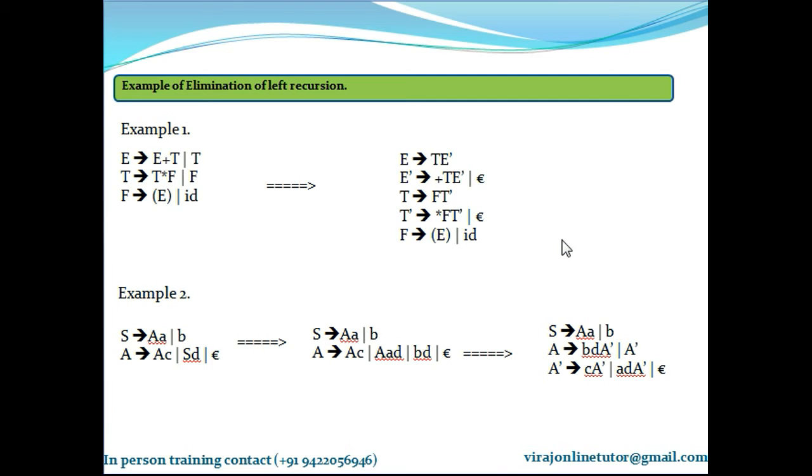Now that we have learned elimination of direct left recursion, we'll learn what an indirect left recursion is. Indirect left recursion is one in which we can't see that the grammar is left recursive just by looking at it, but we hit direct left recursion only after we substitute.